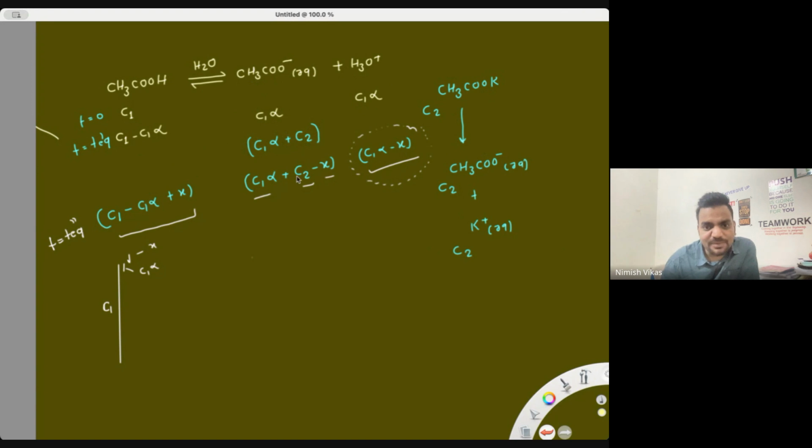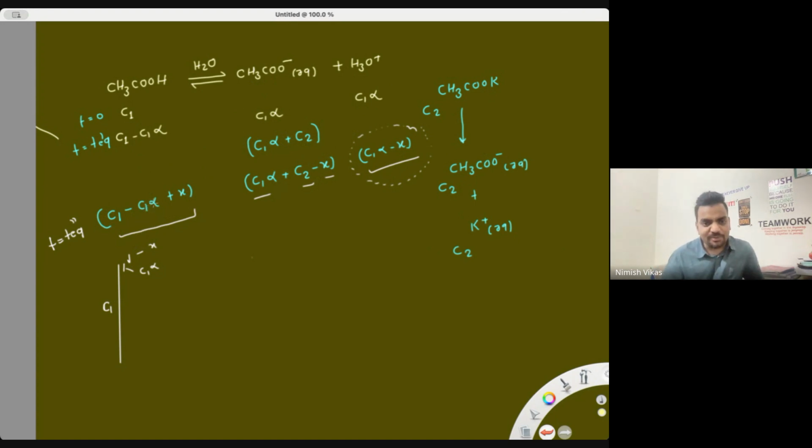So out of C1 alpha plus C2, let's say X amount will go towards the left-hand side now. If acetate ion is decreased by X, hydronium will also decrease by X, and acetic acid will be increased by X. So I was approximating the overall concentration of acetic acid, which was C1 minus C1 alpha plus X. C1 is a big number and C1 alpha is 1 upon 100, or 1 upon 90, something like this.